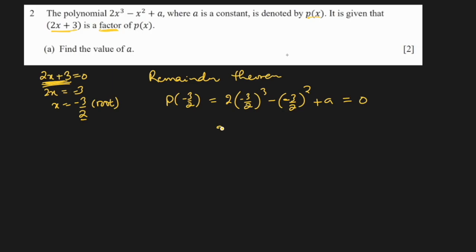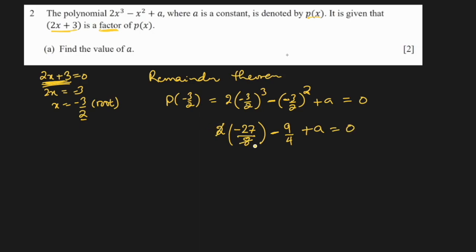So 2 times, and 3 cubed is 27, but because it's cubed, an odd exponent, this negative will remain negative. So minus 27 will remain over 2 cubed, which is 8. Minus, but this is an even exponent here, so this will become positive 9 over 4, and because this was negative, it will stay negative, plus a is equal to 0.